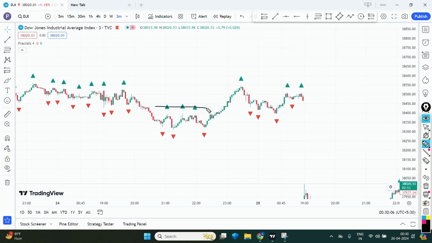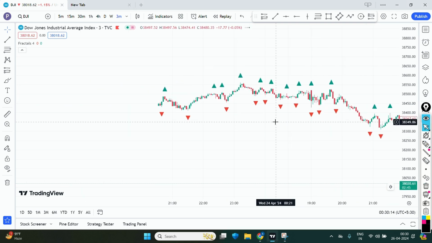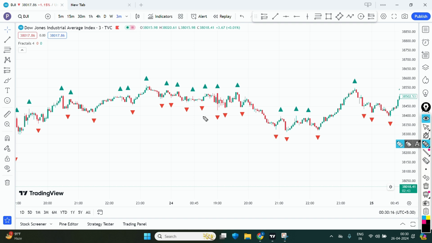This is the parallel connection, and as soon as it broke upside, it went upside like this. And some previous time, you see here what I have just taught you. You connect these points, it makes a trend line, and as soon as it broke downside, the market came downside.